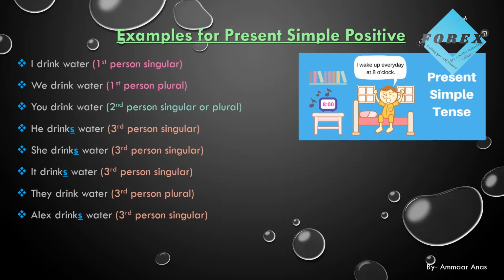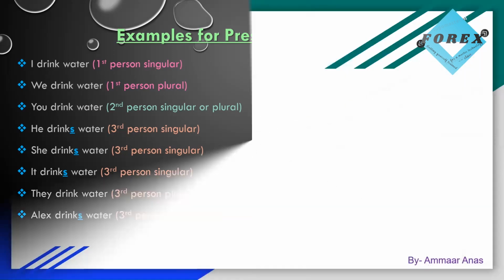We can address Alex in two ways: one by calling his name, and one by calling him. Like he, him, his, all are third person singular. If you didn't understand how this worked, I have given a link to my previous video in the description. Over there, I have shown how the first person, second person, and third person work out. So let's move to the next slide.